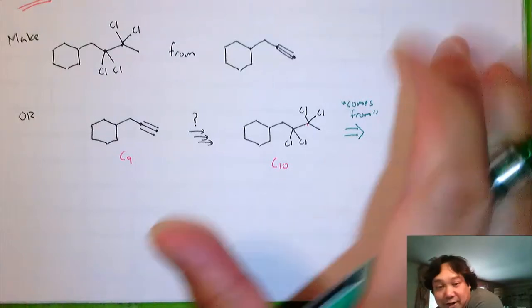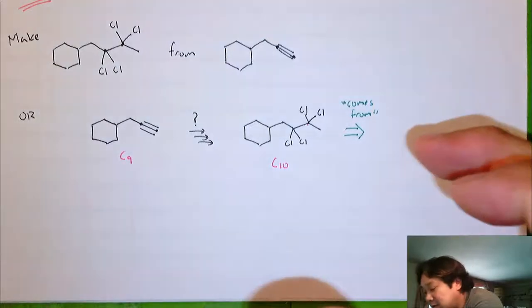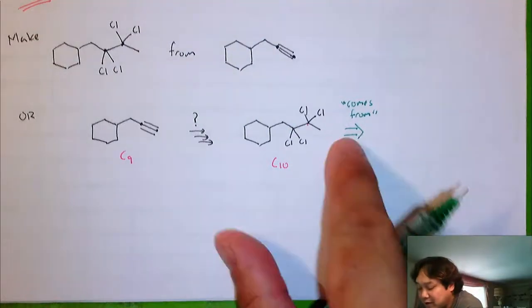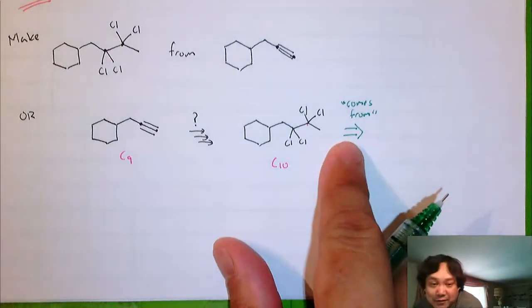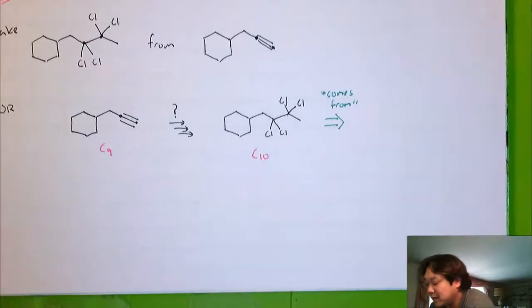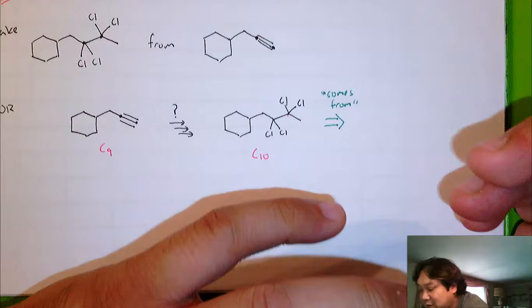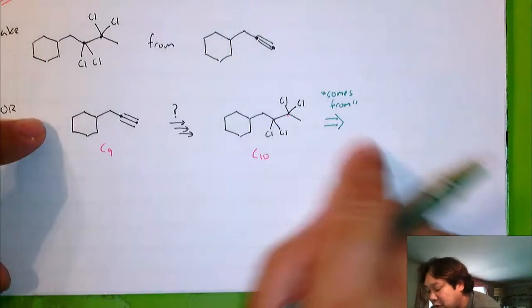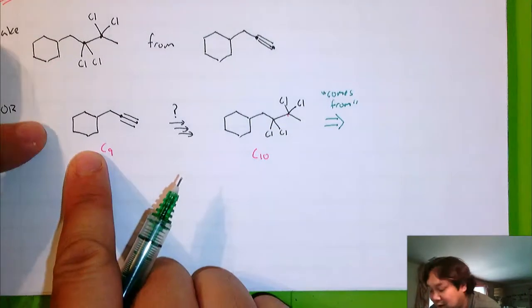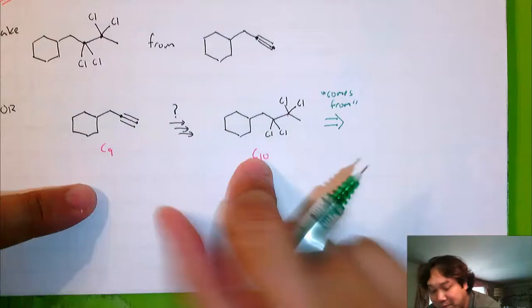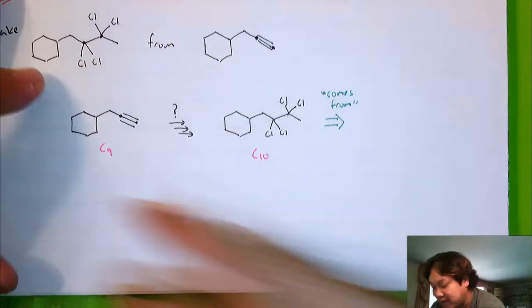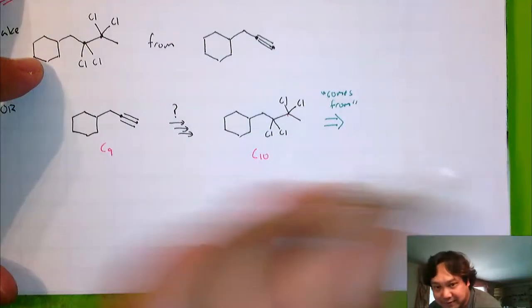I'm saying that this came from maybe 2 starting materials or a simpler starting material. Again, this is just scratch work. A lot of times the professor is not going to grade your retrosynthetic arrow. And there's a section in the textbook that talks about retrosynthetic analysis. I don't typically do a retrosynthetic analysis all the way to the beginning. I like to do a combination of working forwards and backwards, but ultimately I'm going to have one cohesive synthesis.